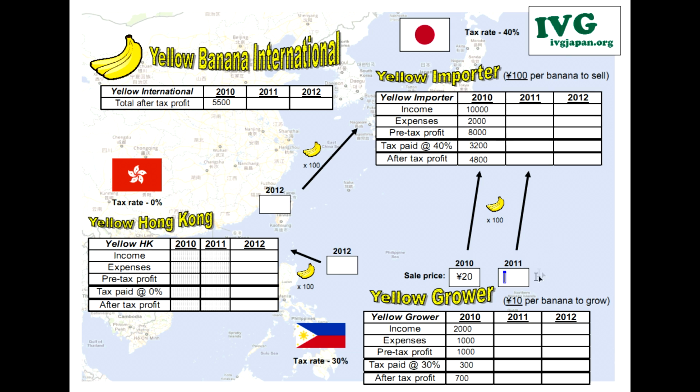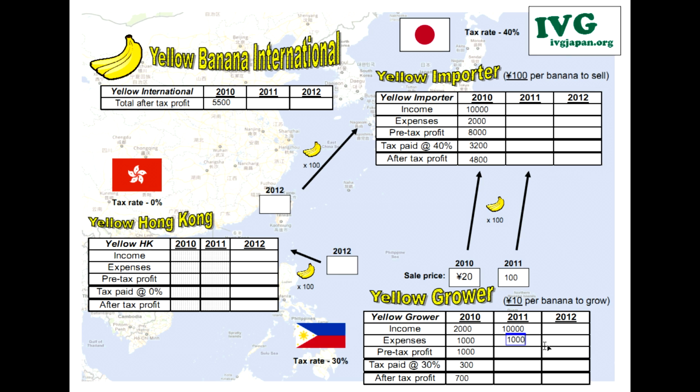So that's what we'll do, and we do this by artificially inflating the price of the banana that we sell in between the company. So let's say a sale price of 100 yen per banana, so a big jump. This means that the income for the Philippines subsidiary is now 10,000 yen, fantastic for them.